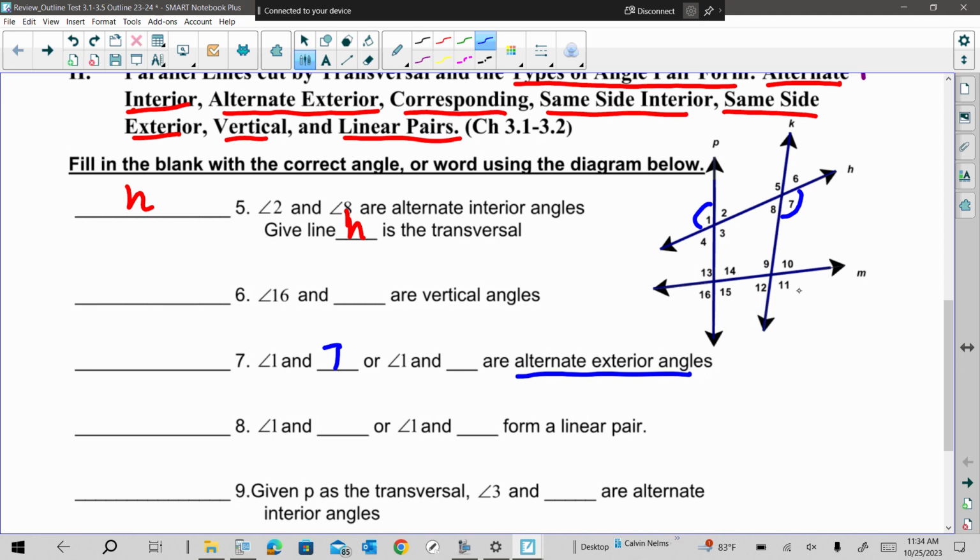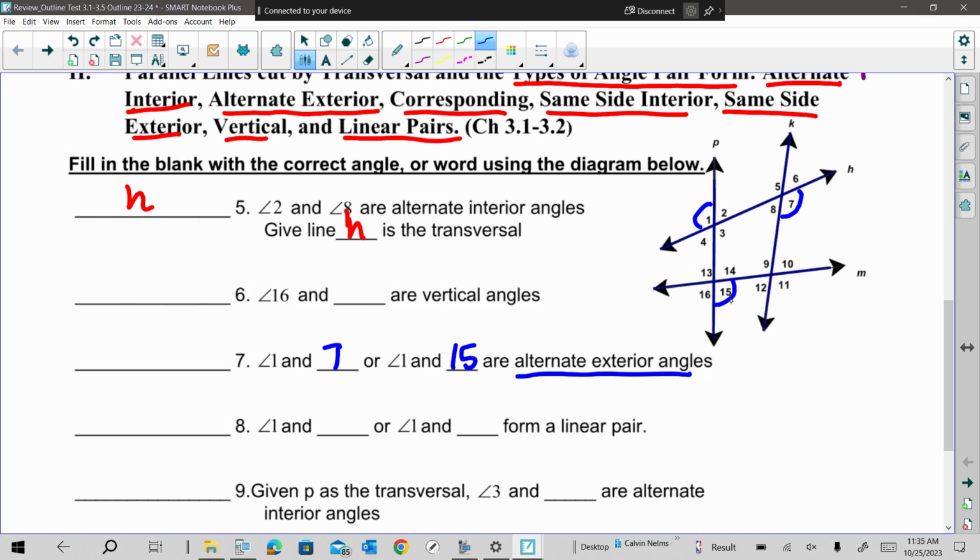I can't do 11 because it jumps to a different level. I can do 15. If I do 11, it's not using the same line as angle 1. It has to use the same line, a shared line. Does that make sense? It's exterior because, using line P, it's outside the other 2 lines.